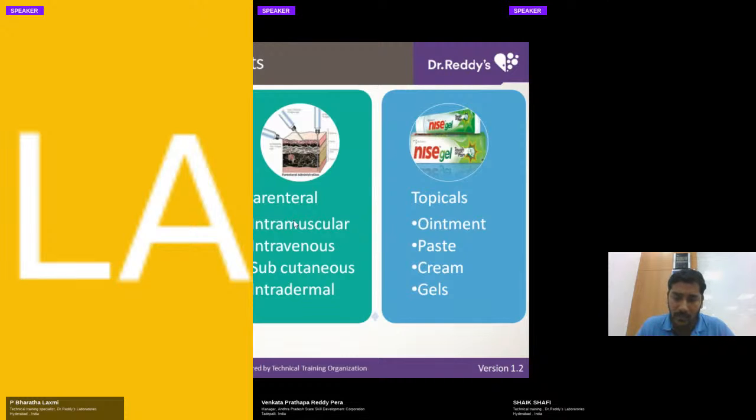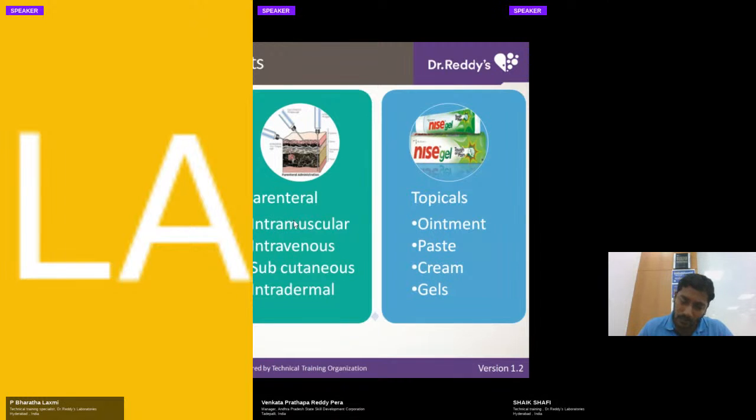Intramuscular means it is given into muscles at a 90 degree angle. Intravenous means it is given directly into the vein, into blood. Subcutaneous is given under the skin, and intradermal is given in the skin. So basically four types come under parenteral. Then topicals, which are for external use only: ointment, paste, cream, gels.